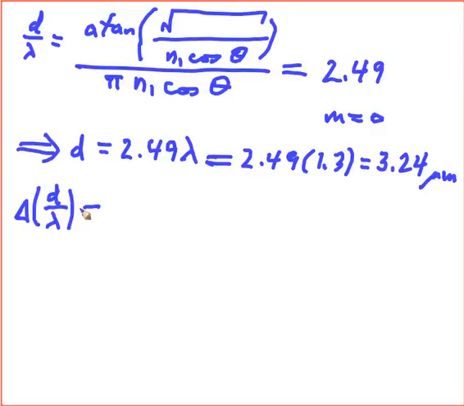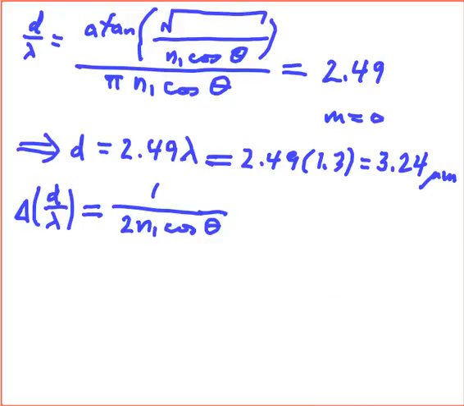We haven't dealt much with this equation in the problems in this form. Most of the time we deal with it evaluated at the critical angle, and we call it delta d over lambda critical.